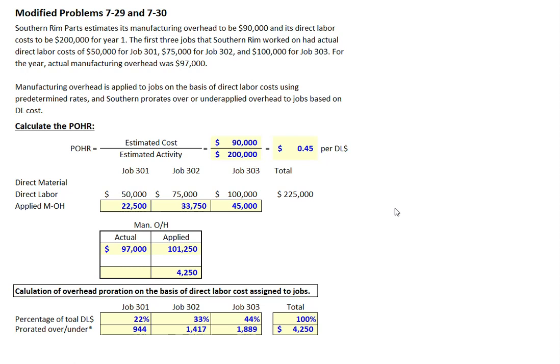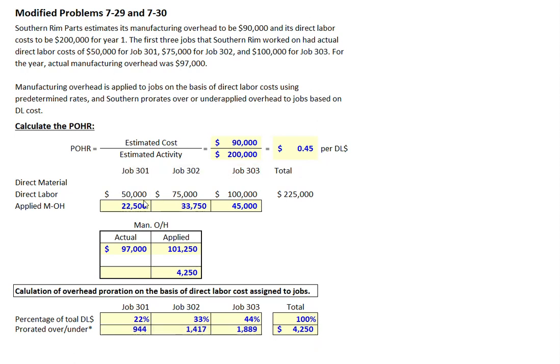So our journal entry at the end of the period would need to be a debit to manufacturing overhead because we need to reduce this. So we're going to have a 4,250 debit to manufacturing overhead, and we will have a credit to work in process job 301 for 944, a credit to work in process job 302 for 1,417, and of course a credit to job 303 for the 1,889.